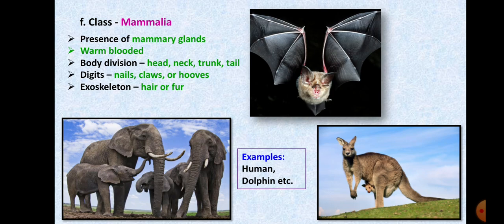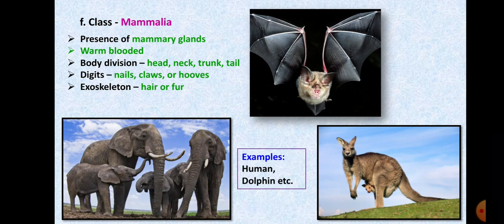That is why your bat, your elephant, your kangaroo, your whale, dolphin are all included in the class Mammalia, because very first one, they directly give birth to a young one, and second feature is presence of mammary glands. Okay, bat can fly, but it is not included in class Aves, but in class Mammalia because of the presence of mammary glands. Warm blooded, yes.